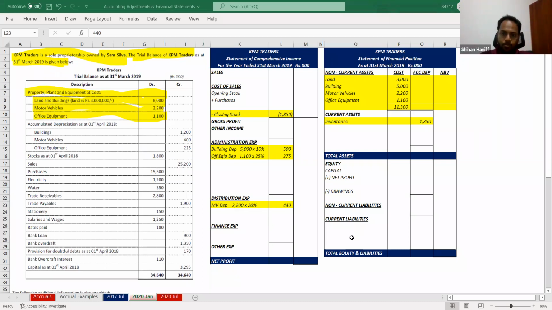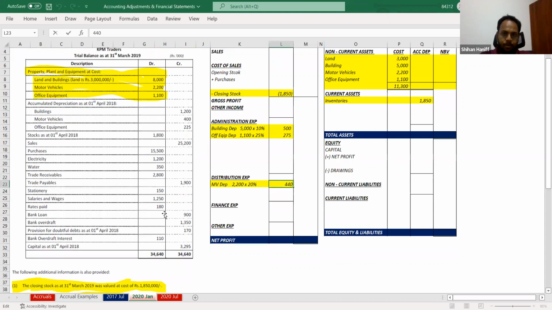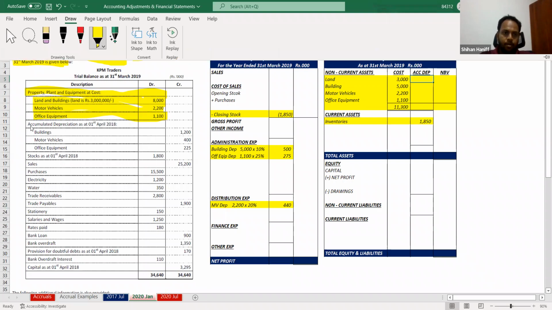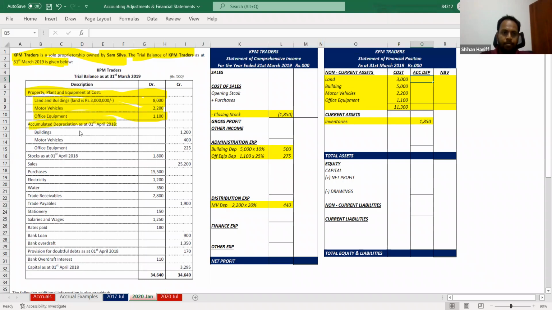So let's move to the accumulated depreciation part. Accumulated depreciation: building 1200, motor vehicles 400, equipment 225. So we can take the total.